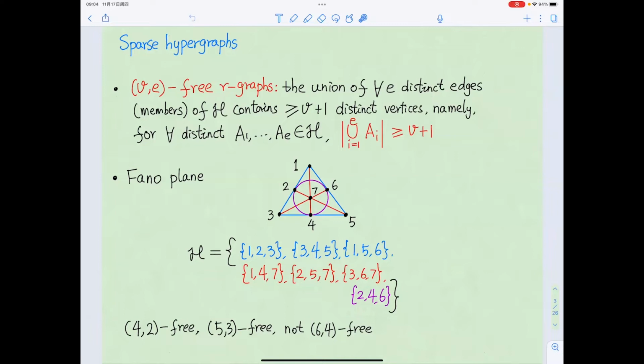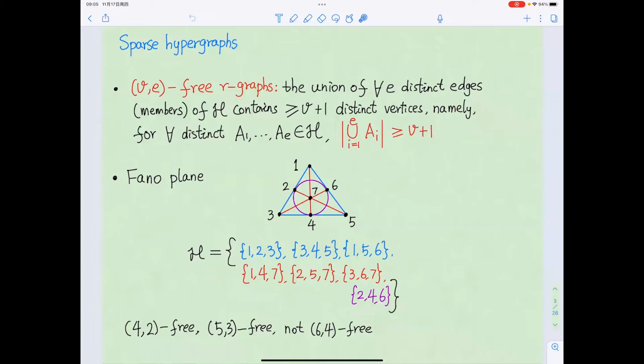Let's look again at the example of the Fano plane. You can see that the Fano plane is (4,2,3)-free, because in the Fano plane, every 2 edges have exactly 1 intersection, so the union of any 2 edges is exactly 5.